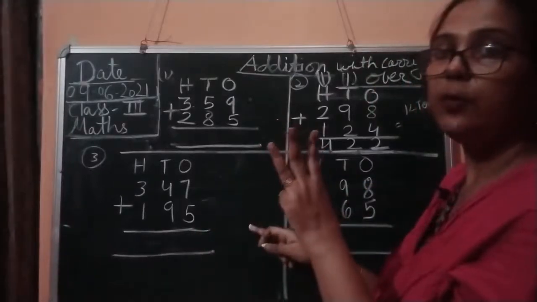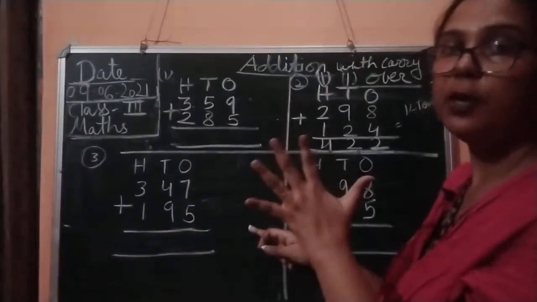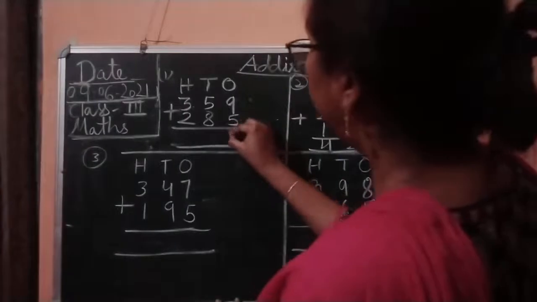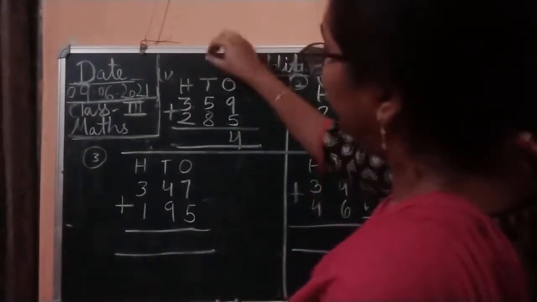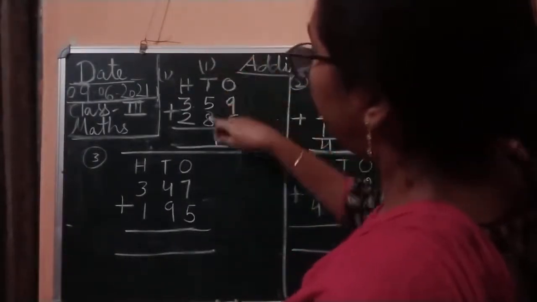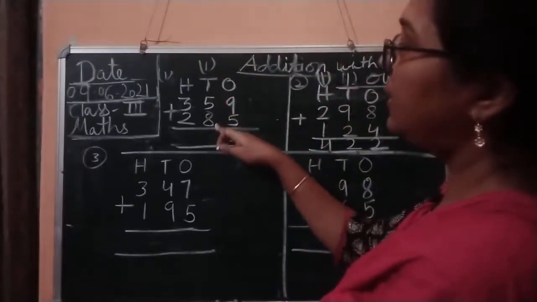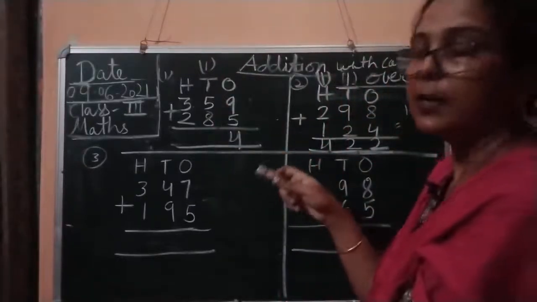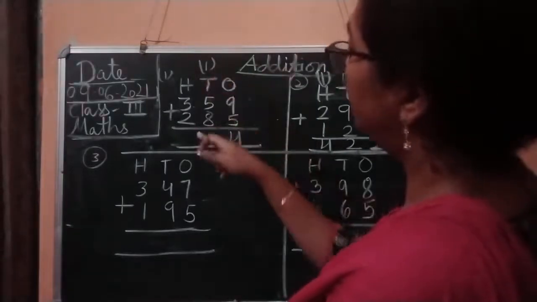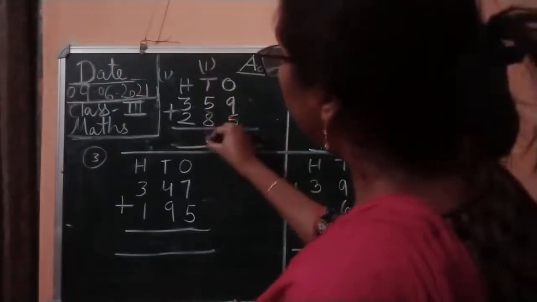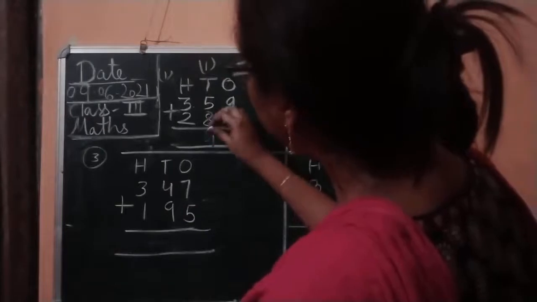Now we will do the next one, 9 and 5. 10, 11, 12, 13, 14. 14 is the answer. So we will write 4 and 1 will be shifted over here because it is tens. So that is why, 5 and 8, 8 and 5 what? 13, yes. 13 plus 1, 14. 14 we are getting.